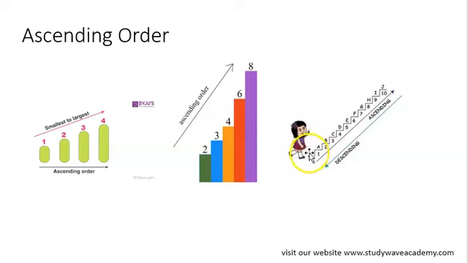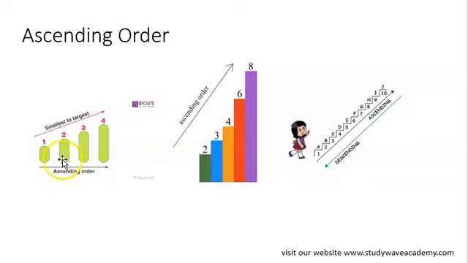You come from the smallest to the biggest, right? You climb from down to up. So ascending order is going up. Ascending order means arranging numbers from smallest to biggest, going up.